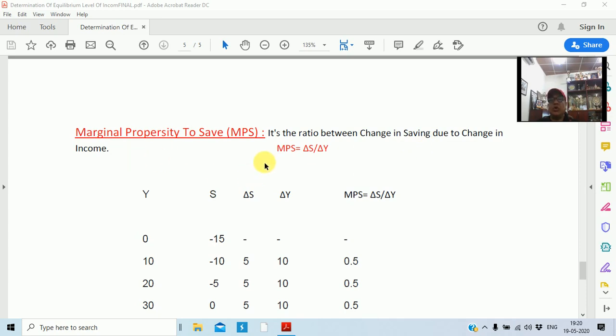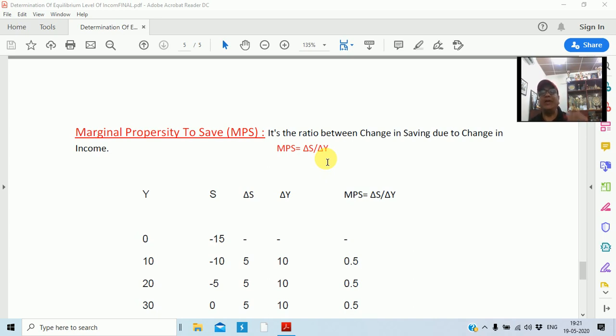So MPS is equal to delta S by delta Y. If I say MPS is 0.5, what does it mean? 50% of the increased income has been saved in the economy, only 50% has been consumed.